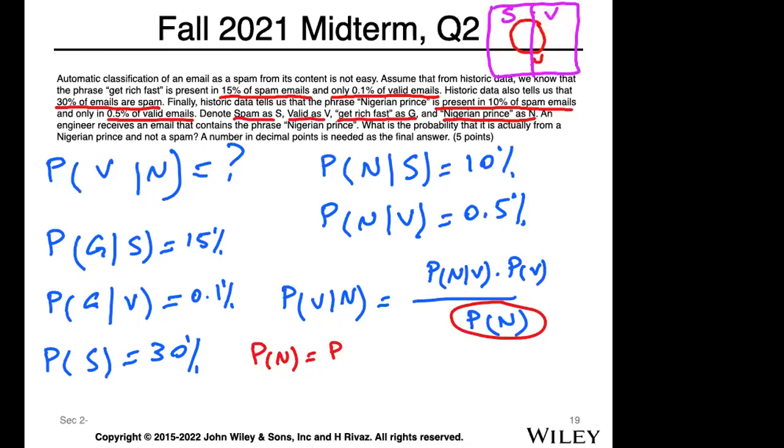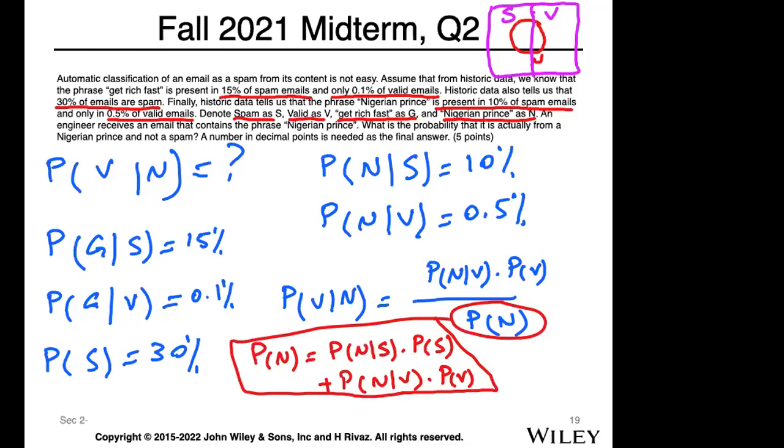From this Venn diagram, the probability of N is equal to the probability of N in spams times the probability of spams, plus the probability of N in valid emails times the probability of valid emails. Now we have all of these probabilities.